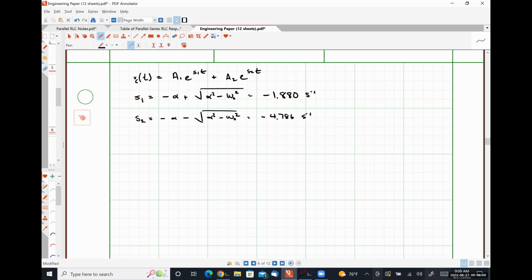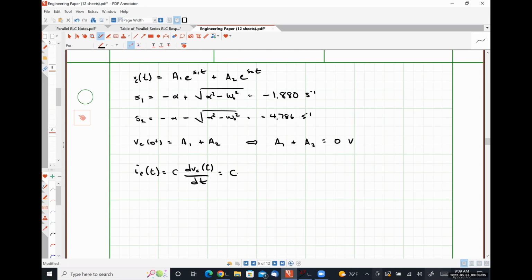Per second. At t equal to 0 plus, we're going to have Vc of 0 plus equal to A1 plus A2, which means A1 plus A2 is equal to 0. Now for our derivative-based relationship, we know that IC of t is C dV by dt.